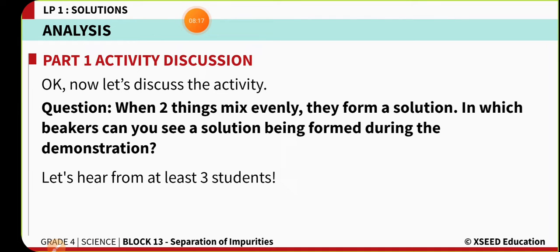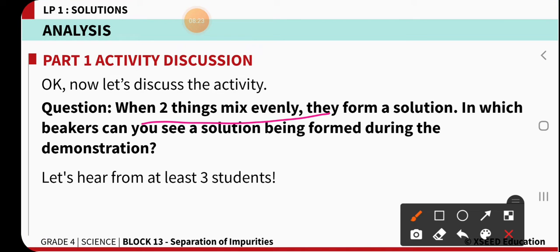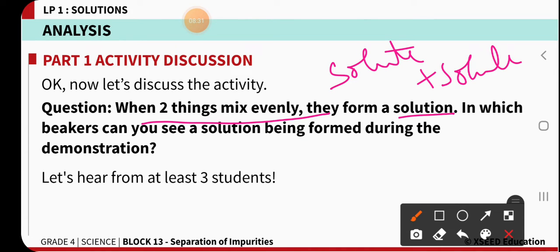So now in our activity, when you observe clearly, which are the two things that have dissolved evenly to form a solution? Because whenever a solute and solvent are combined together, it forms a solution.